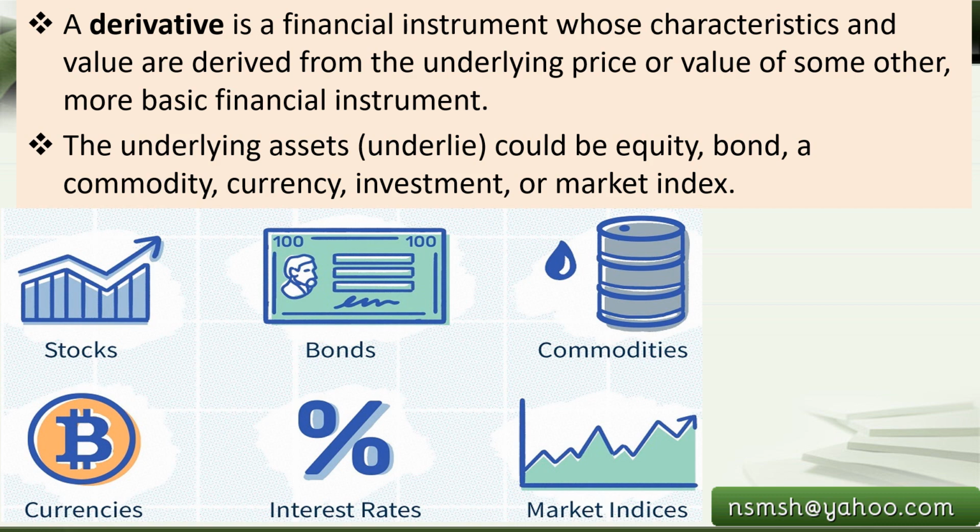It can be a stock, bond, commodity, currency, interest rate, or market index. The underlying asset could be equity, a bond, a commodity, a currency, an investment, or a market index.